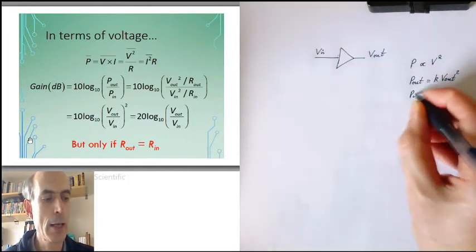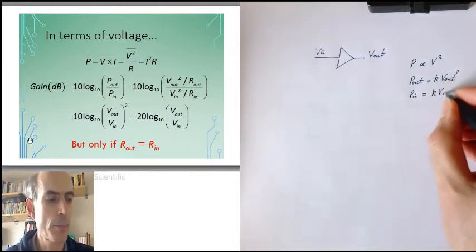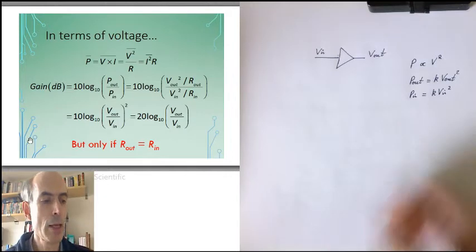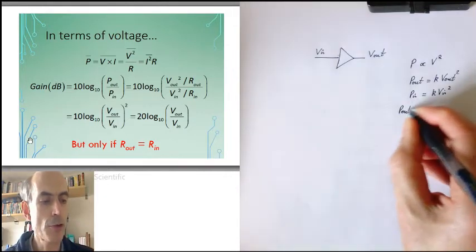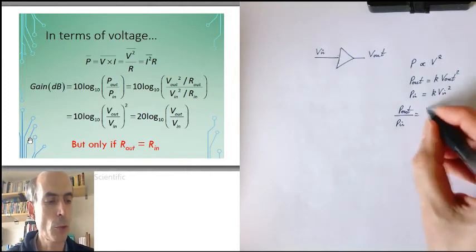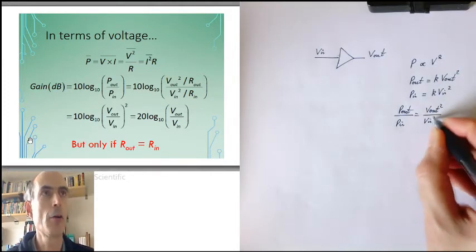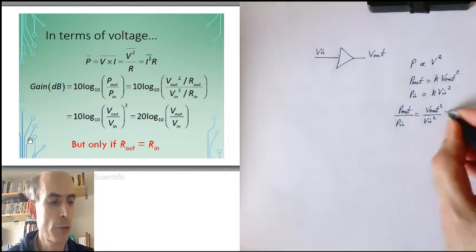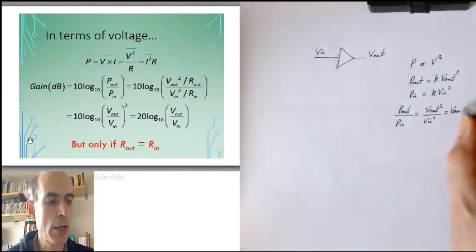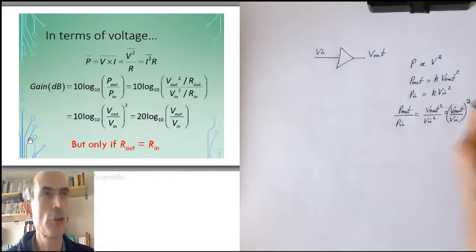And similarly, the input power must be some constant times the square of the input voltage. And therefore, the ratio of the output to the input power must be the square of the output voltage divided by the square of the input voltage, which I could write as the ratio of the output to input voltages squared.